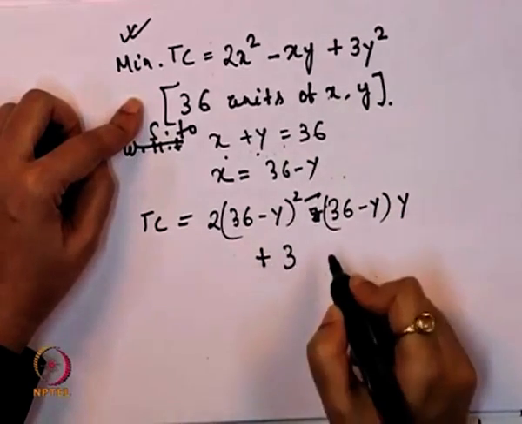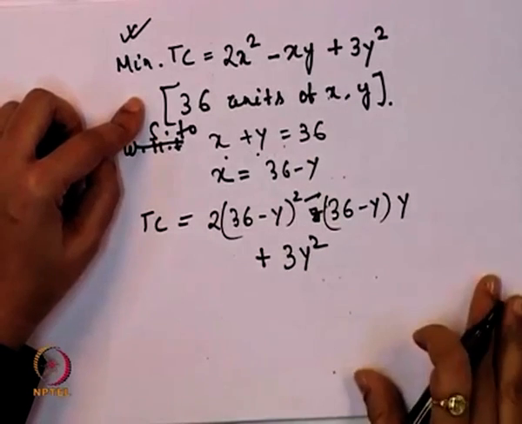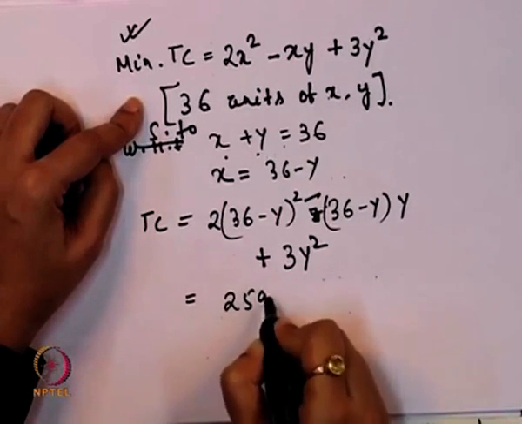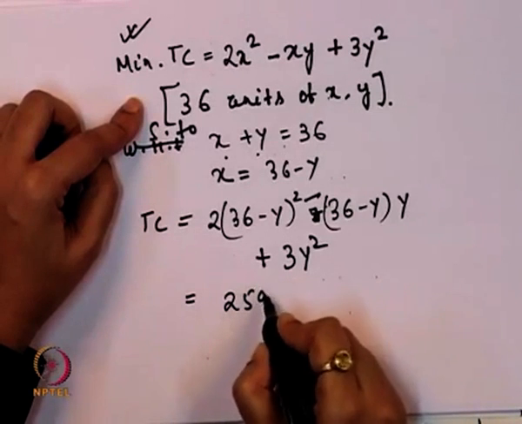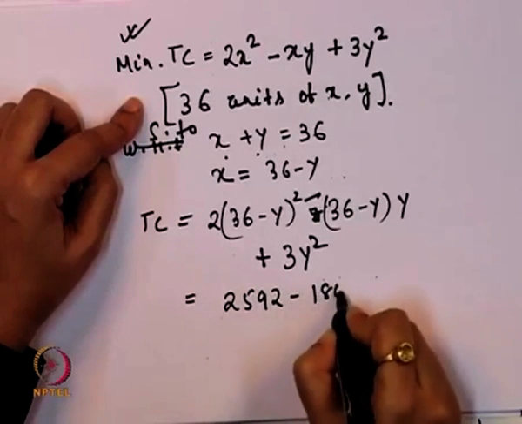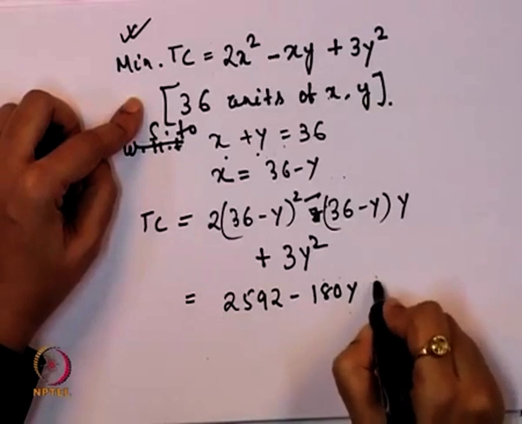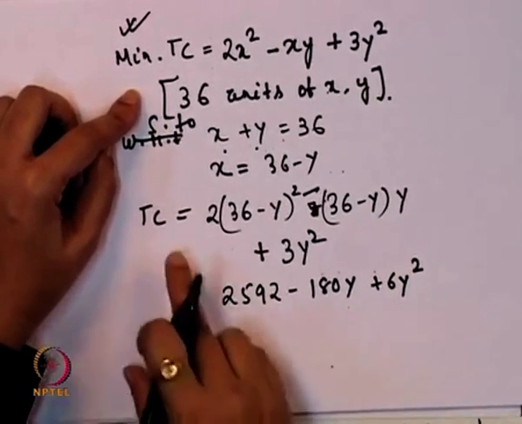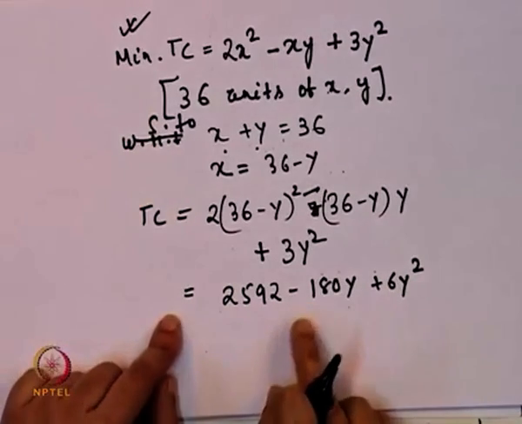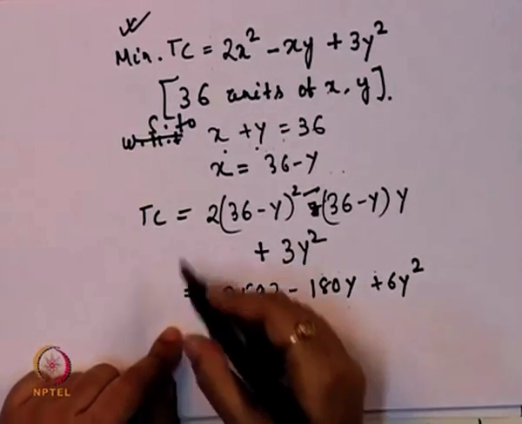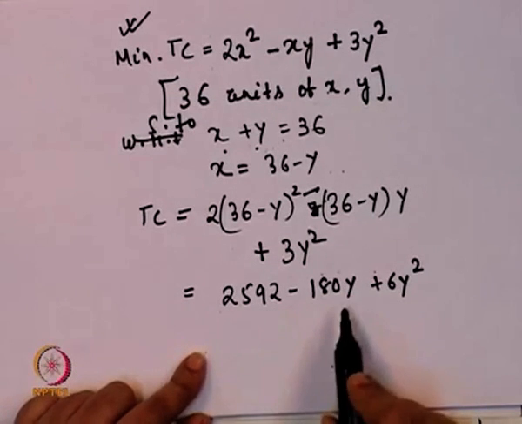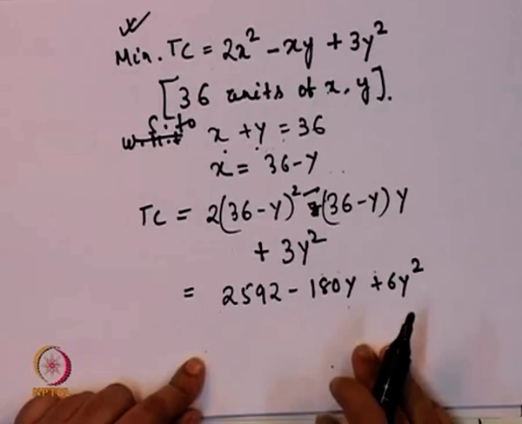If you again simplify this, this comes to 2592 minus 180y plus 6y square. So after putting the value of x in the cost function in terms of y, we get a total cost function which is equal to 2592 minus 180y plus 6y square.